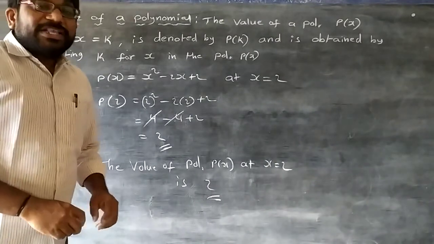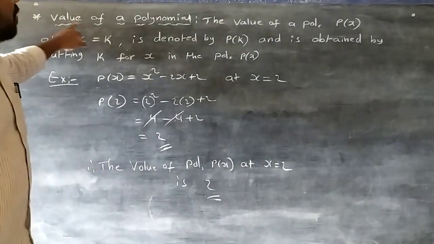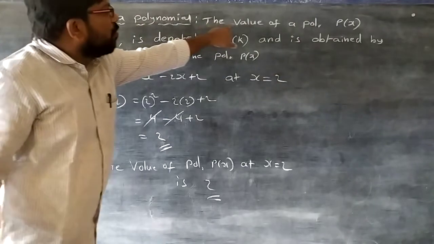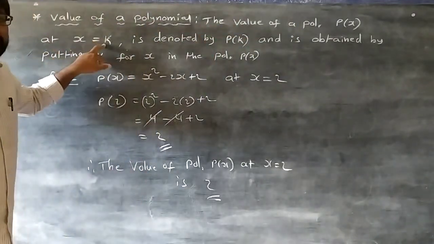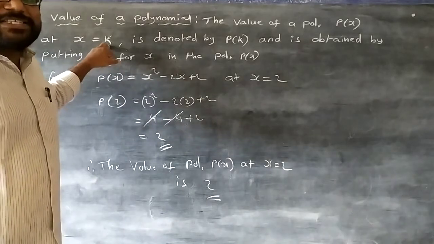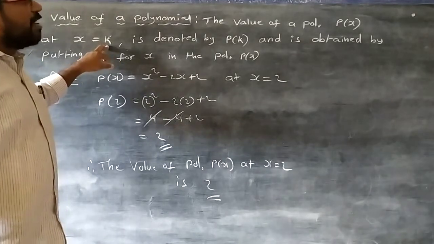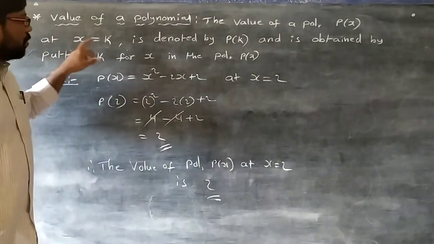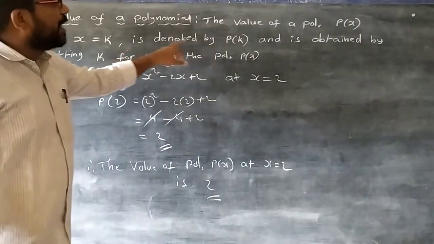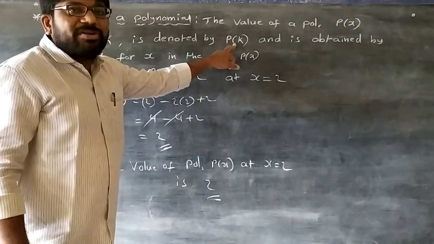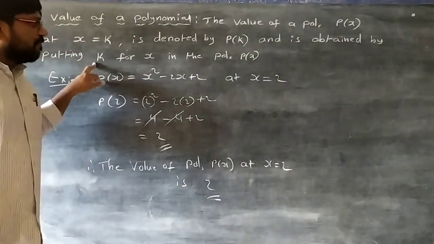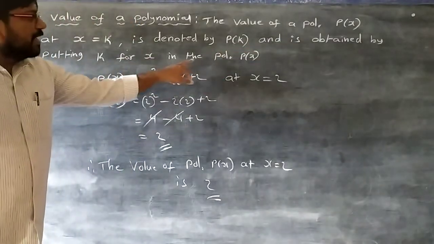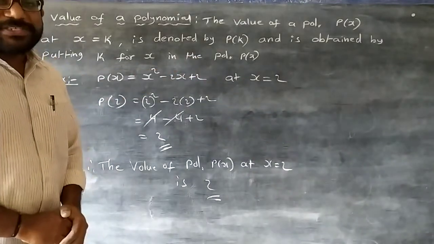Listen to the definition of the value of a polynomial. The value of a polynomial p of x at x equal to k, where k is any constant, is denoted by p of k, and is obtained by putting k for x in the polynomial p of x.